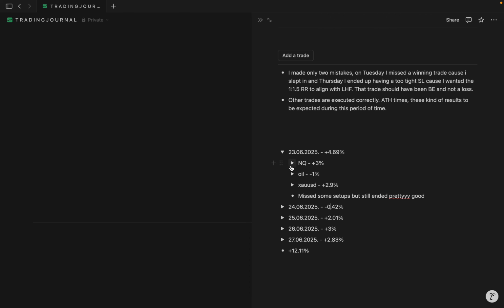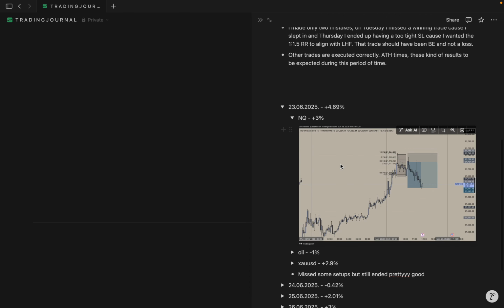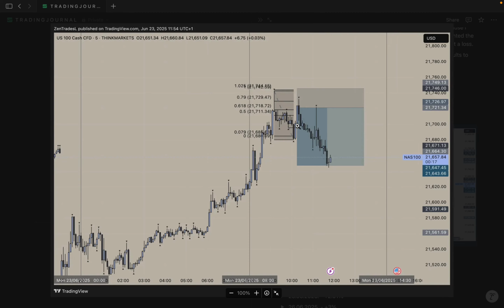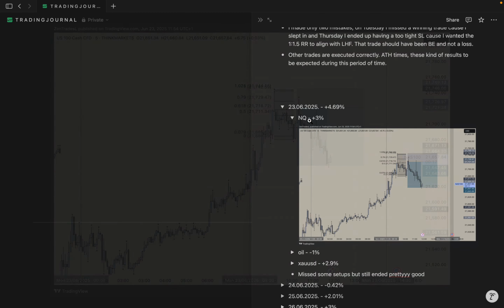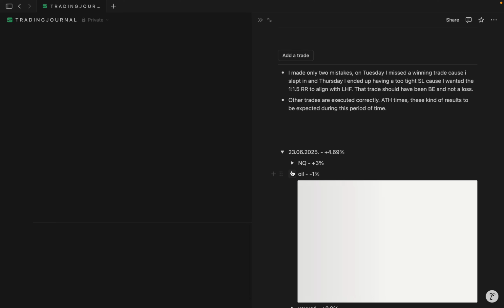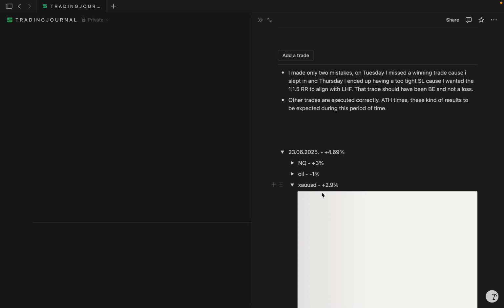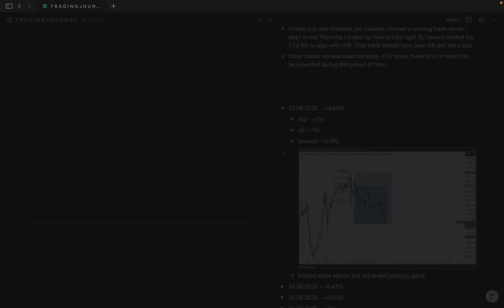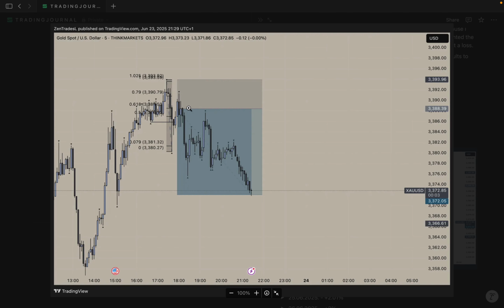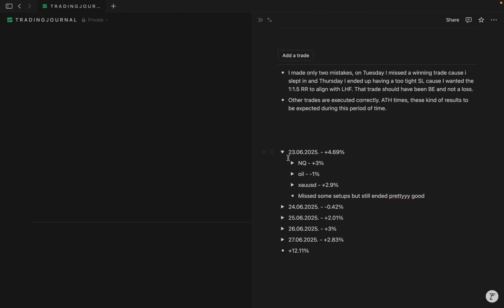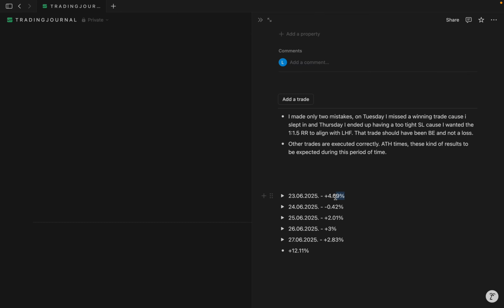So NQ first, we had on Monday, we hit take profit literally right there. It was basically a top tick, and then on oil we had a loss right there. Then we had gold, which was also kind of a top tick, and then after that we had, so this is basically Monday, one of my biggest days ever, because this is without the other strategy.